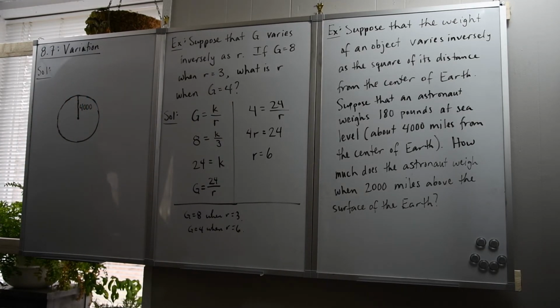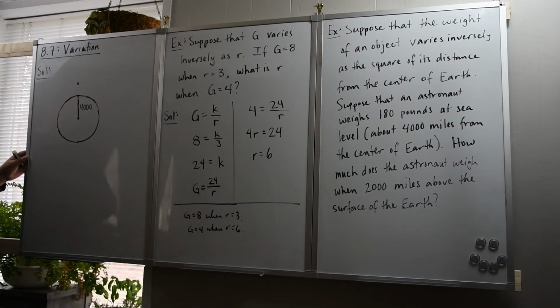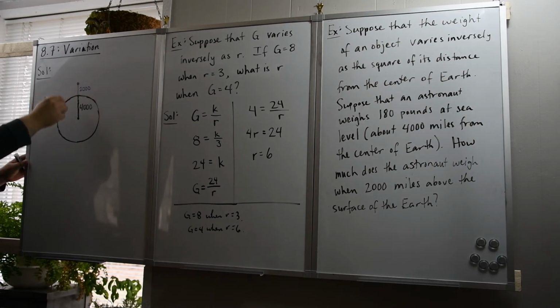Now, the astronaut is going to be 2,000 miles above the surface of the Earth. And so the astronaut is somewhere over here. It's going to be an additional 2,000 miles. And so if you take a look at the total distance from the center of Earth, you're actually looking at 6,000 miles.